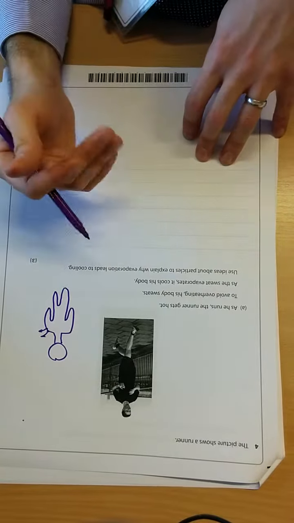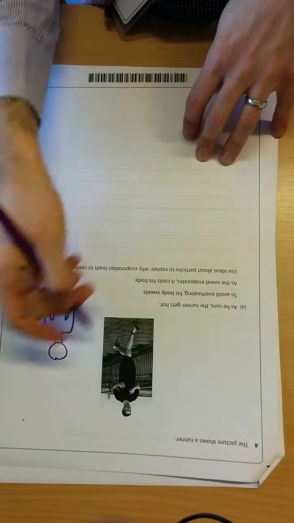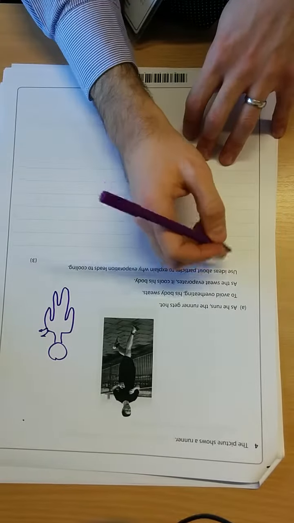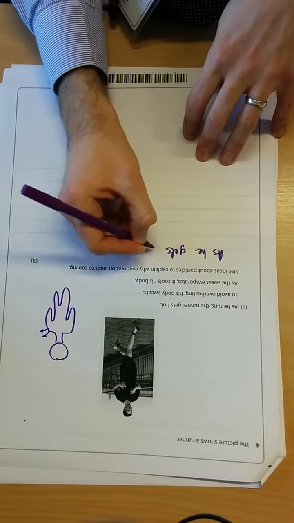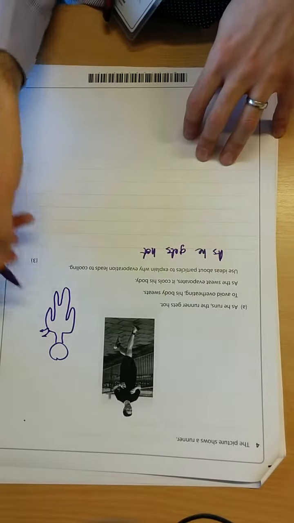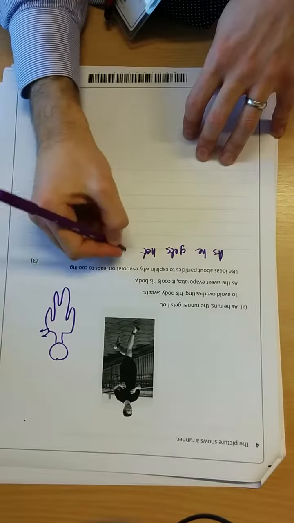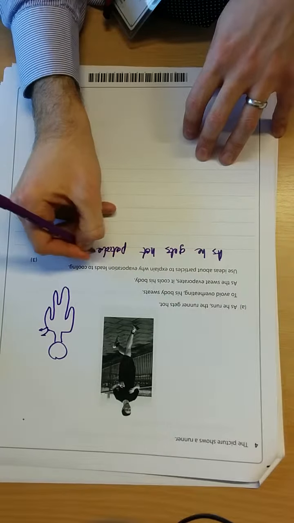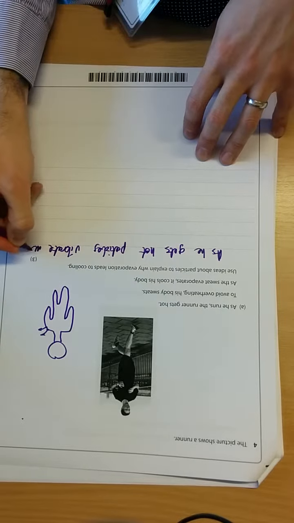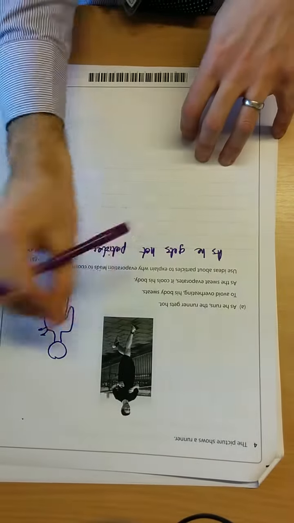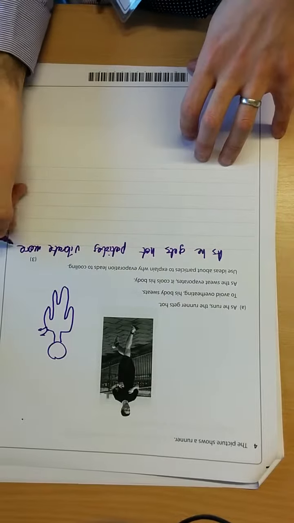As he gets hot, the particles of his body vibrate more. Okay, the particles are vibrating much more as he gets hot.